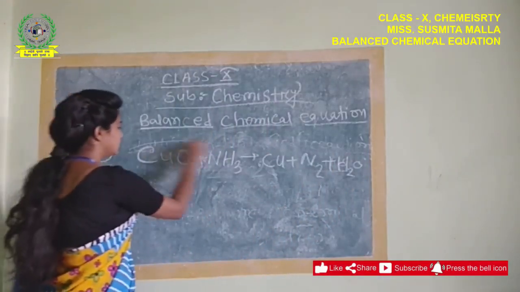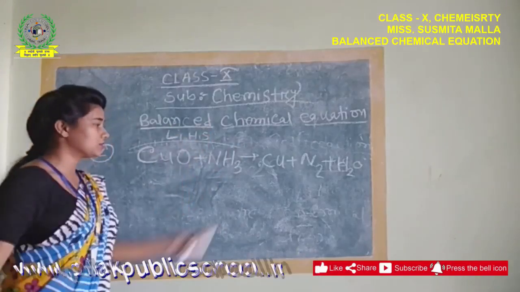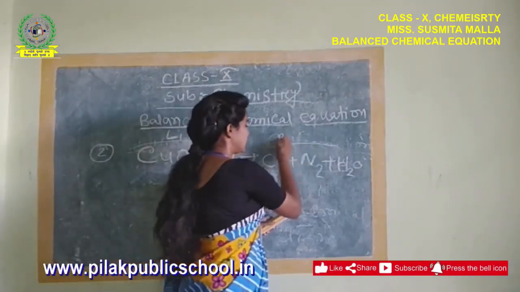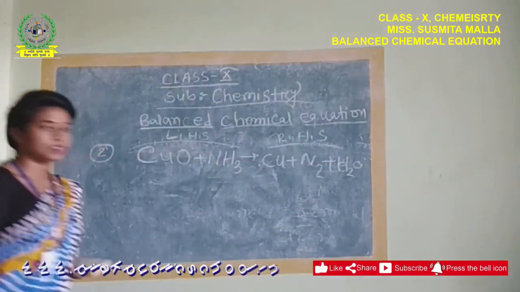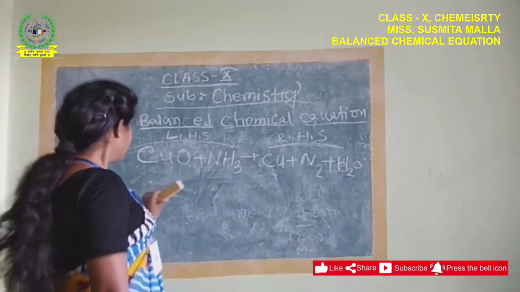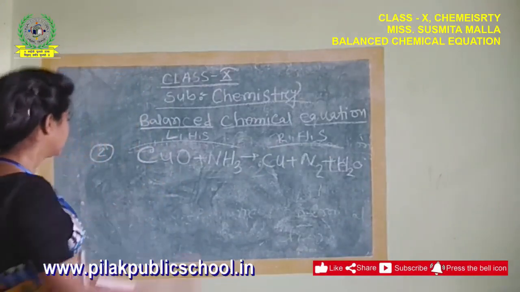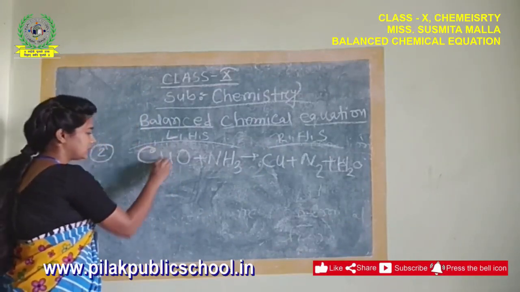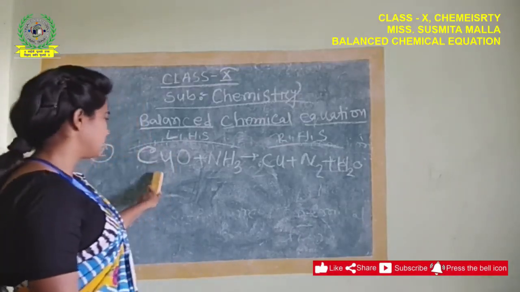This is the left hand side of the chemical equation, and this is the right hand side. Now firstly we will see, is there any metal? Yes, copper, Cu. This is a metal element. So firstly we balance the metal element.